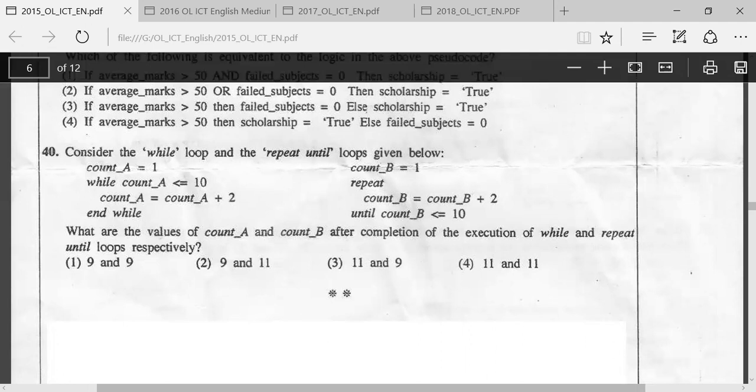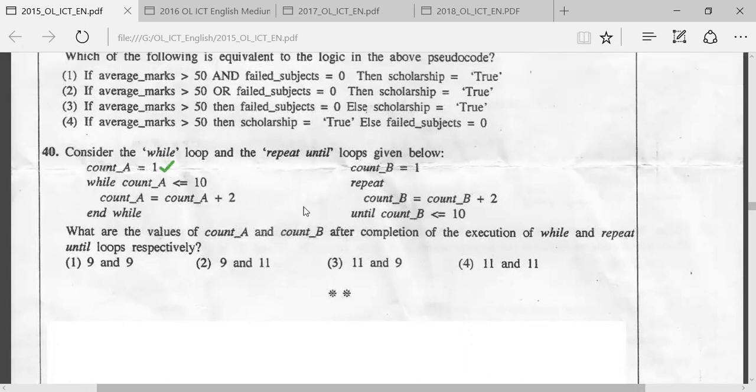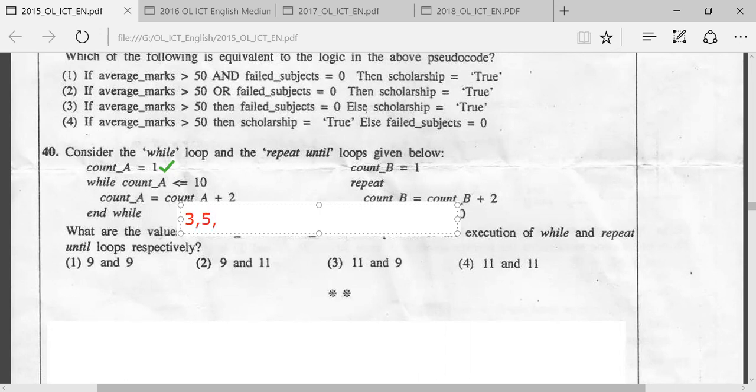Just look at the screen. A is equal to 1. So here 1 less than or equal to 10, it is true. Count A equals count A plus 2, which means 1 plus 2, it is 3. Again it will go back. 3 less than or equal to 10, true. So 3 plus 2, 5. Again go back, 5 less than or equal to 10, 5 plus 2, 7.